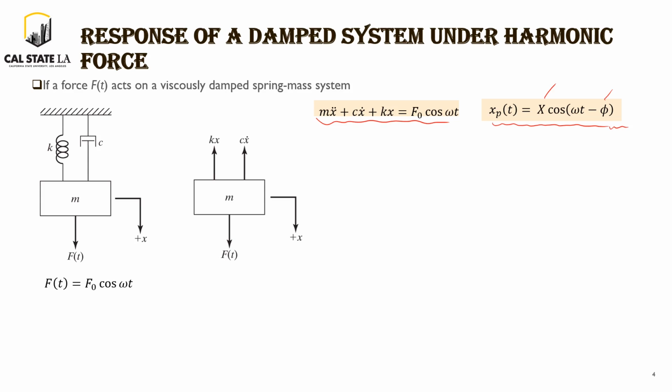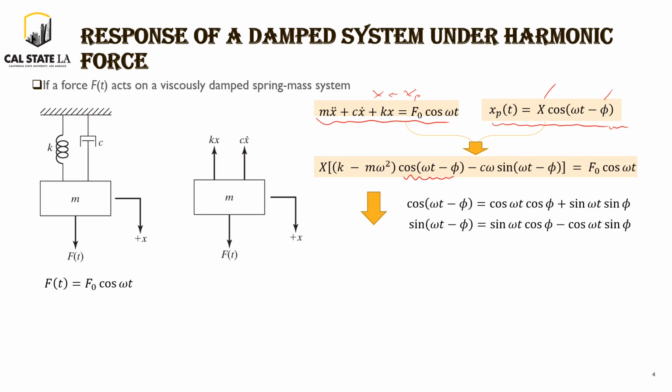So how do we get that? We're going to substitute this particular solution into the equation of motion, replacing all the x in this formula by x_p, which gives us this equation.